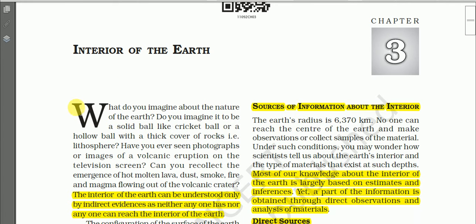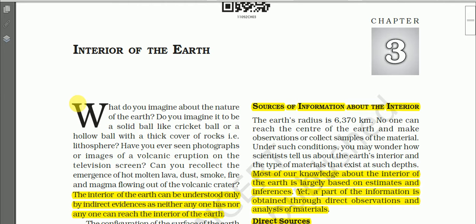Then how do the scientists, the geologists, know about the nature of the Earth interior? For that we need to collect a lot of data and information about the Earth interior so that we can derive inferences.